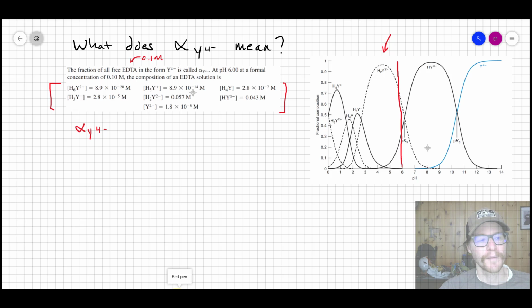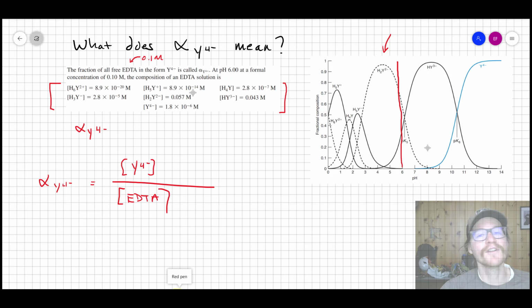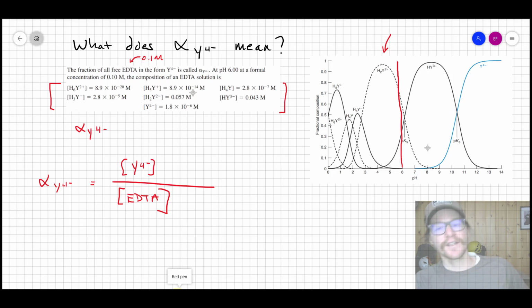And so remember the fraction or alpha Y4- is going to be the concentration of Y4- unbound in this case, and we know it's unbound because that's what we're given, divided by the sum of all of the individual EDTA species concentrations, which were given, 1, 2, 3, 4, 5, 6, 7 different concentrations here.